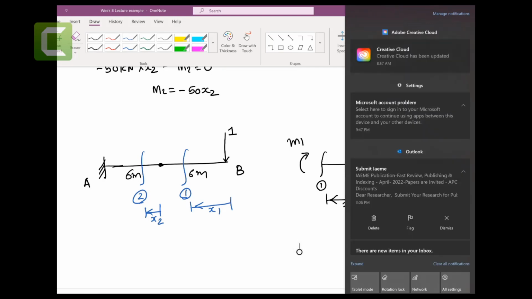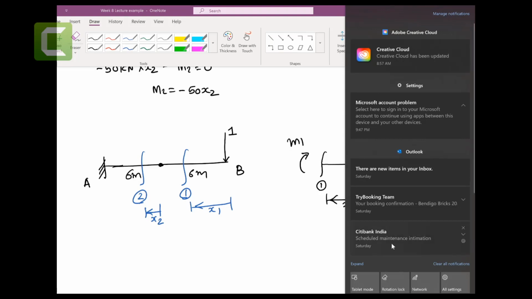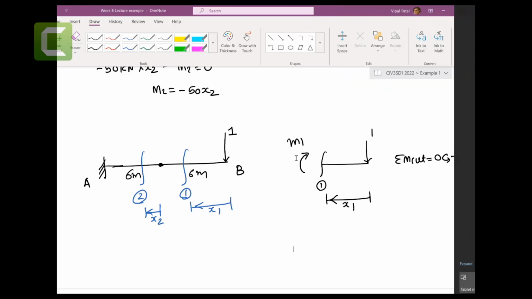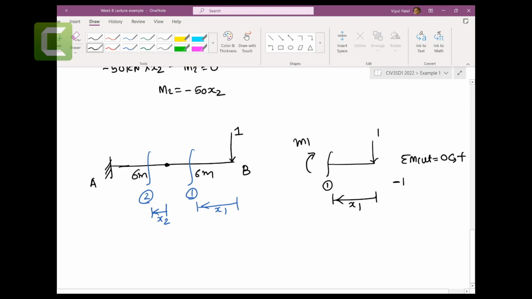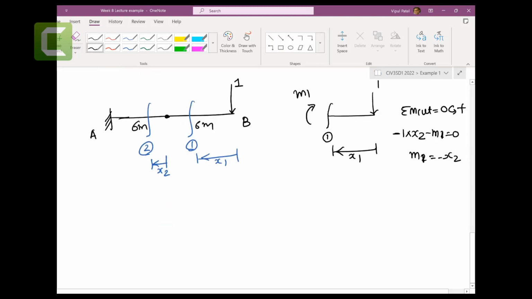So you got m cut, so you got minus 1 times x2 minus m2 equal to 0, m2 equal to minus x2. So that is 1, sorry. And then you can make a second cut, 6 meters. Actually the same thing.